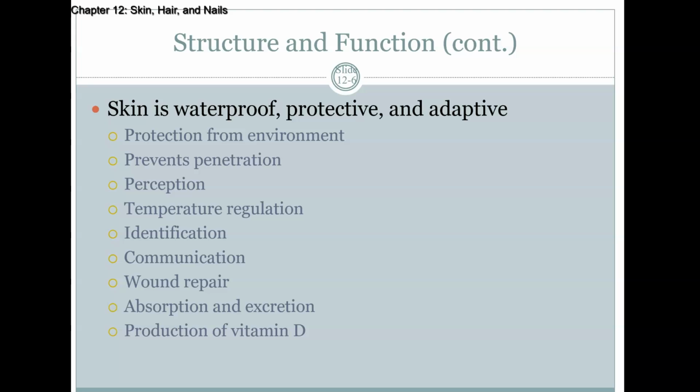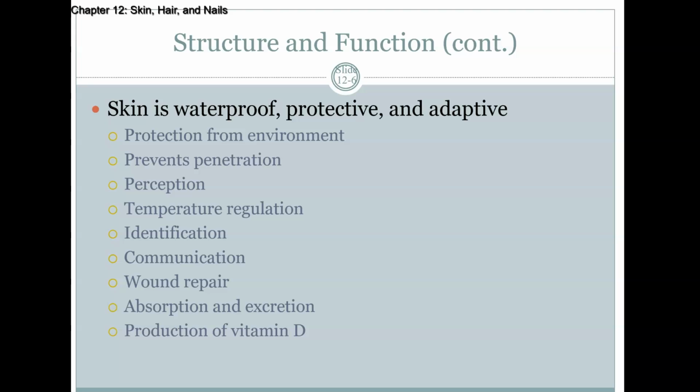It allows heat to dissipate through the sweat glands and heat storage through the subcutaneous insulation. Skin is good for identification. You can look at a combination of facial characteristics that people have that are unique, as well as hair, skin color, and even fingerprints as a form of identification.